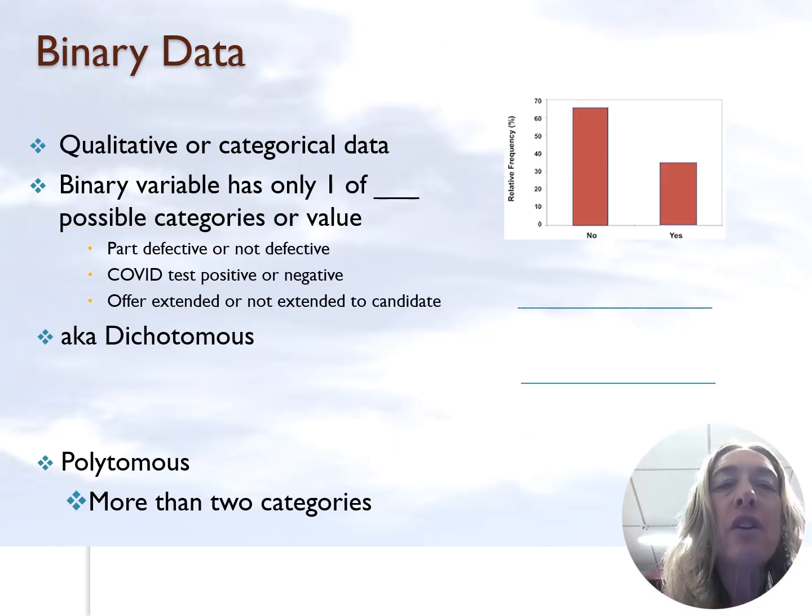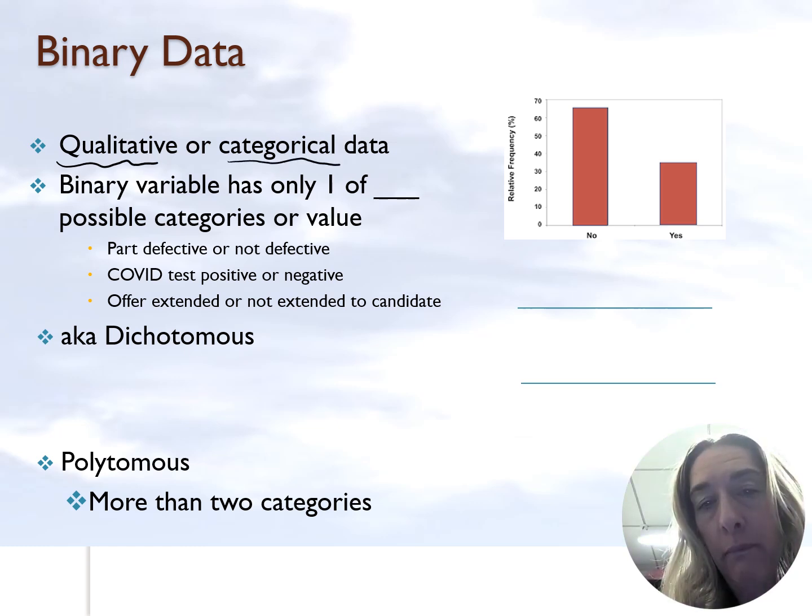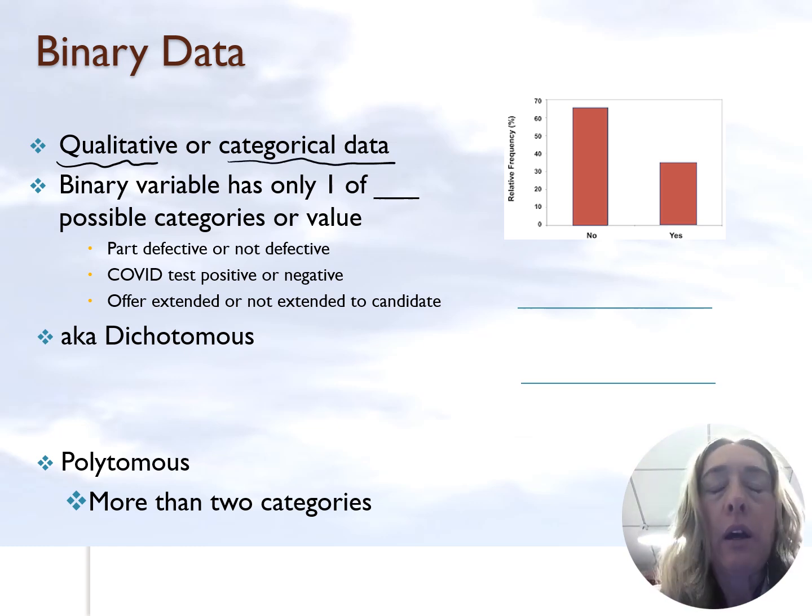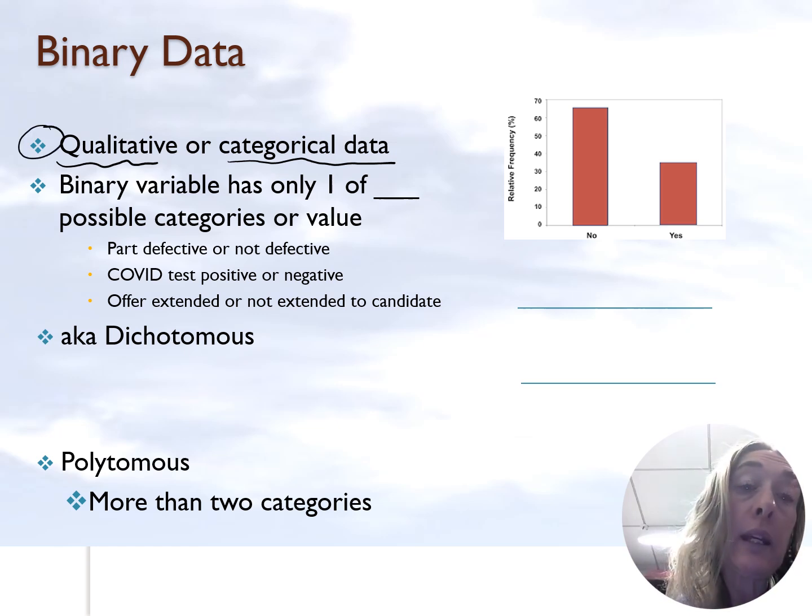Okay, so let's first talk about binary data. Binary data is qualitative data or categorical data. Remember from earlier in our videos, we talked about quantitative versus qualitative data. So binary data is qualitative. A binary variable can take on only one of two possible categories or values.